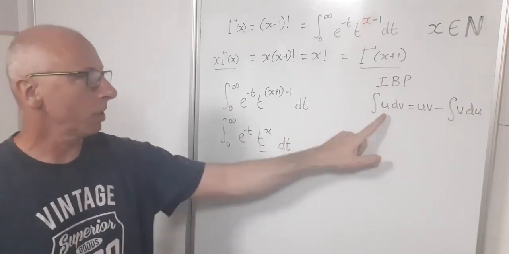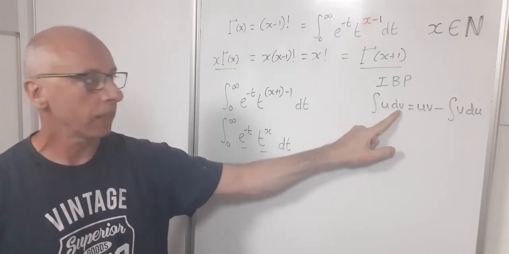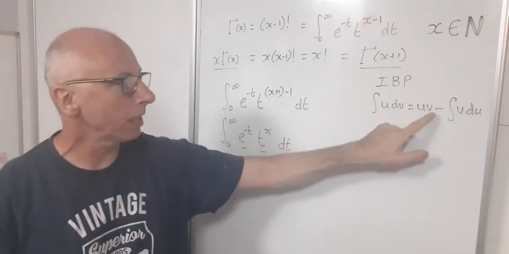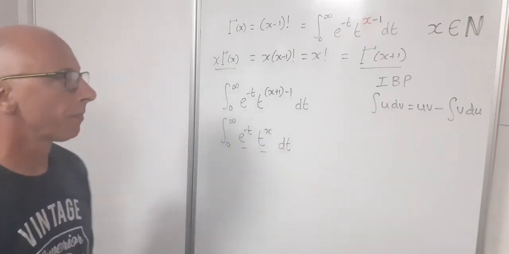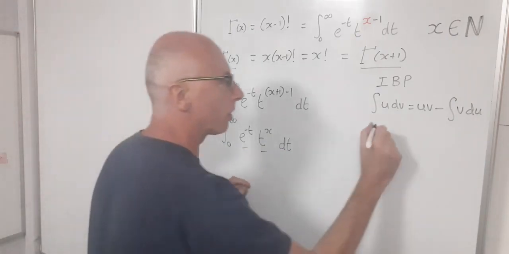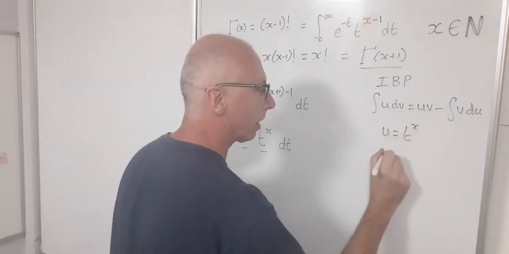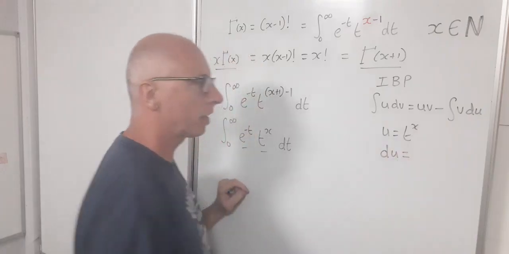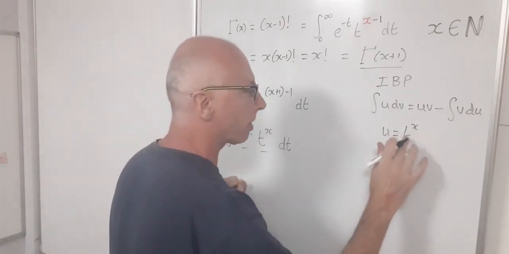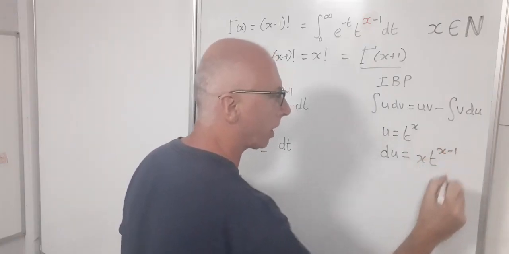That's how integration by parts works. So one of my inputs is going to be my u. The other input is going to be dv. The dv is the one that I'm going to integrate because my u here is just repeated and I've got a derivative here. So I'm going to let t to the x be my u. So if u equals t to the x, then my du, take the derivative of that with respect to t, I've then got x times t to the x minus 1.